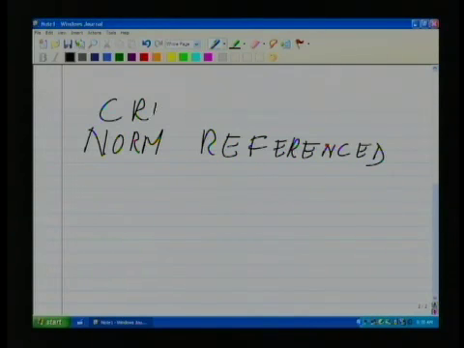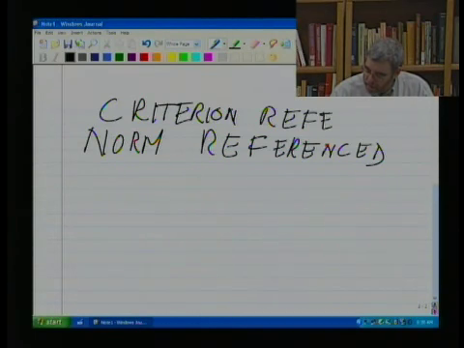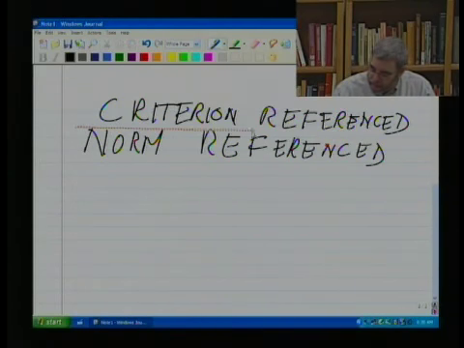So we have criterion referenced. Either you made it or you didn't. So in theory, everyone here could meet the criterion. Oh my God, I'm not so good at using this thing, am I?